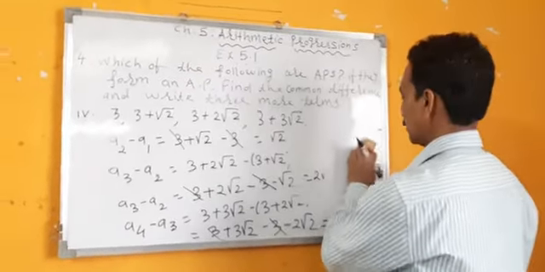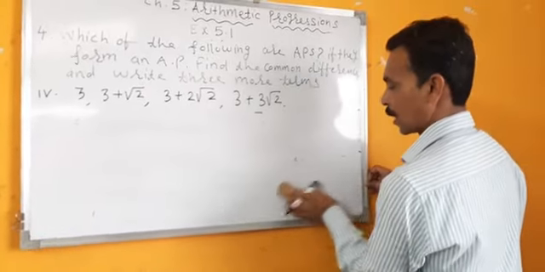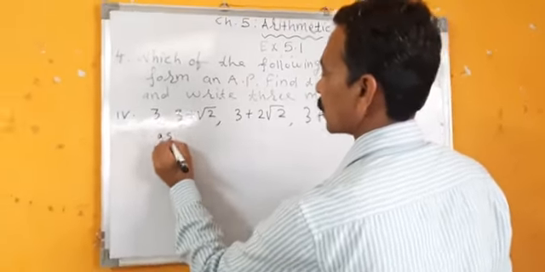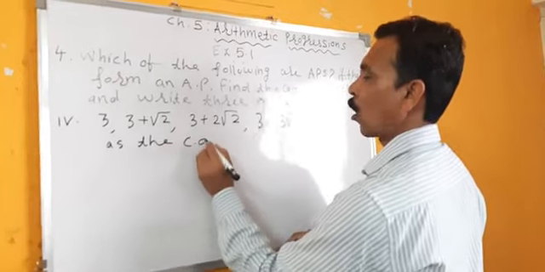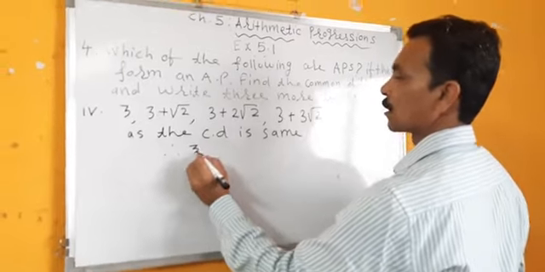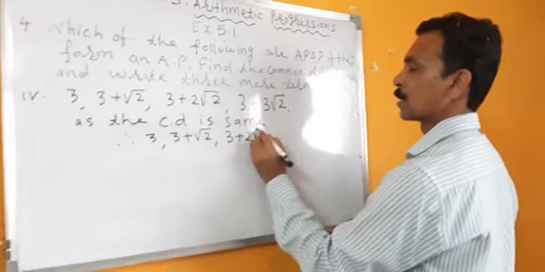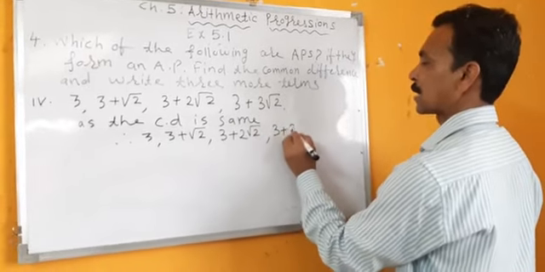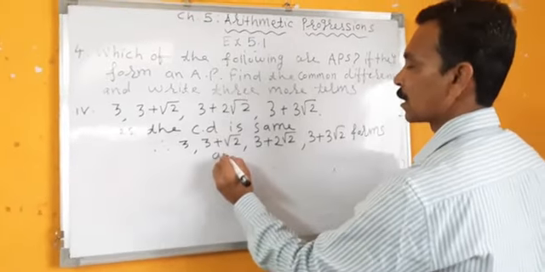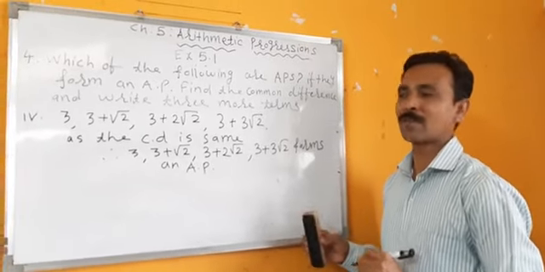So I will write here that the common difference is same, therefore 3 plus root 2, 3 plus 2 root 2, 3 plus 3 root 2 forms an AP, right? And when the series forms an AP, then only we can find more 3 terms.